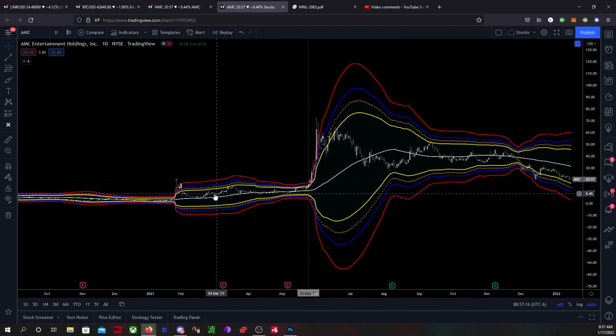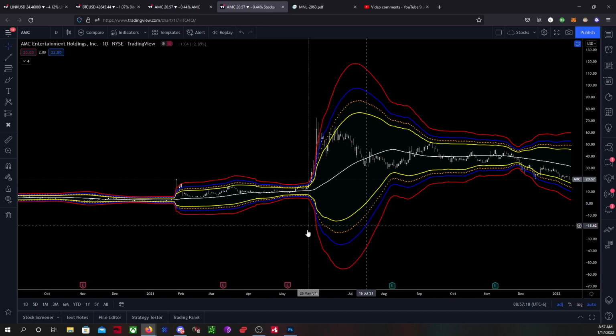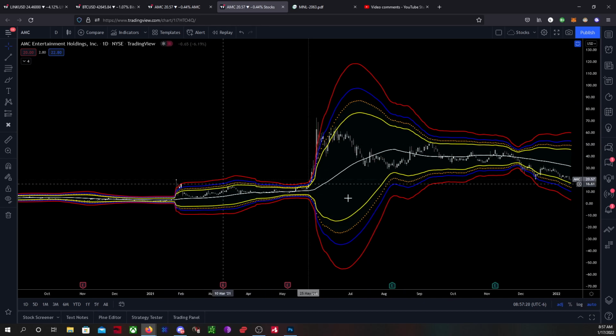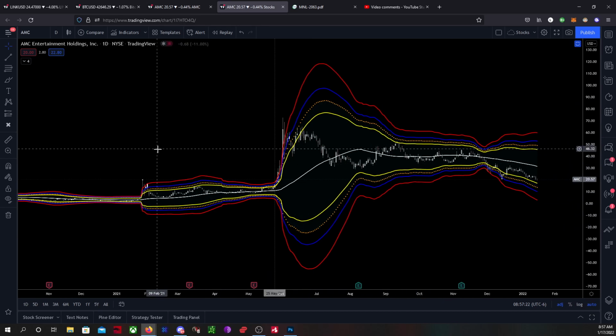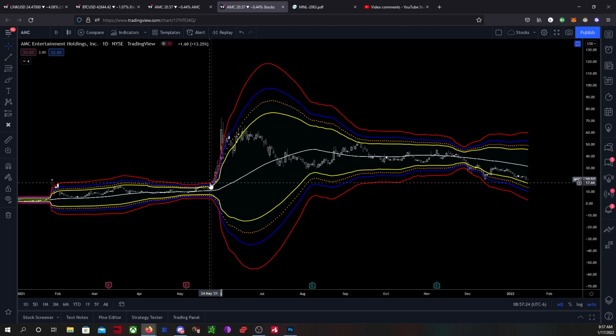So now that you kind of understand what we're looking at here, how does this give you value? Well, what you'll notice is that during these very expansive moves, we're on the daily chart here by the way, you can see how it's on the red line, right? That means that you have a very extreme level of volatility as price is pushing higher, higher, higher.